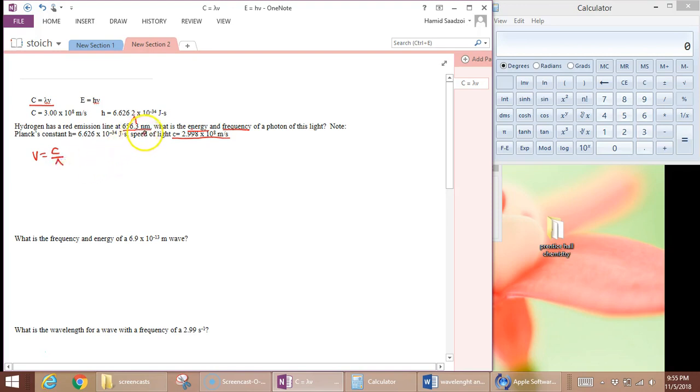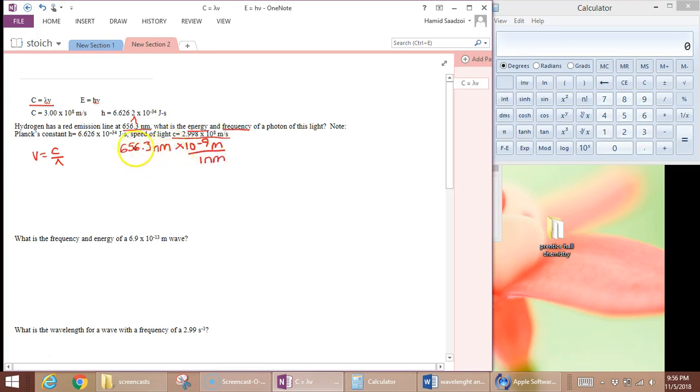Now, in order to do this calculation, our units have to be in meters. We're going to change this to meters. The easiest way to do this is just take the number and just multiply by 10 to the negative 9. And that's how many meters are in 1 nanometer.